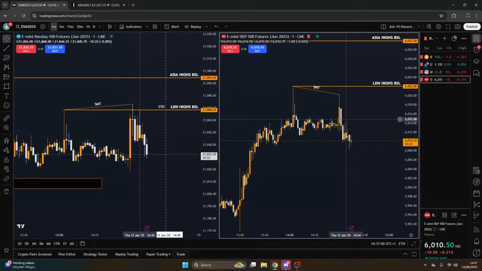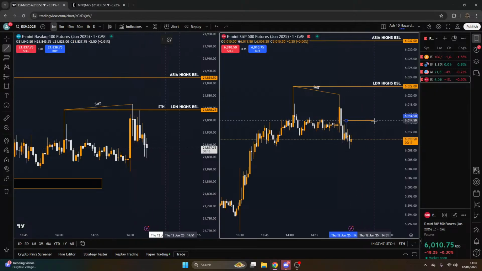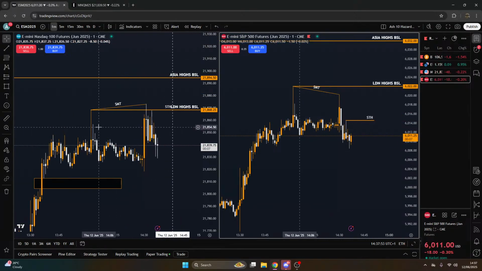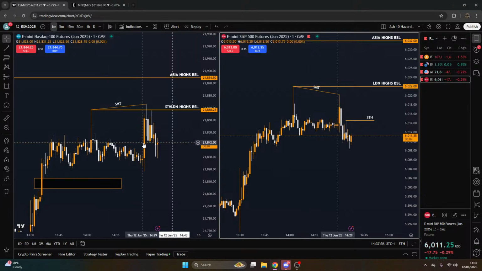All right, so whatever you do on NQ, by the way, you want to repeat the exact same thing on ES. So in this case, we're going to mark it out on ES so you guys can see how we're formulating the setup. Coming into the session at 2:30, we've had the manipulation higher, swept London highs, come back lower.